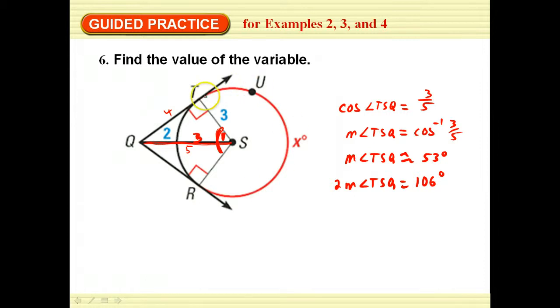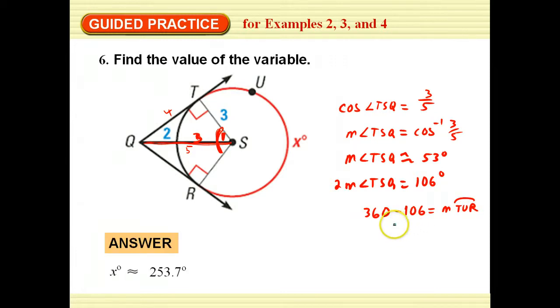Since the whole circle is 360, 360 minus 106 will give me the measure of arc TUR, which is what we're looking for. And so if I subtract that, I come up with about 254 degrees.